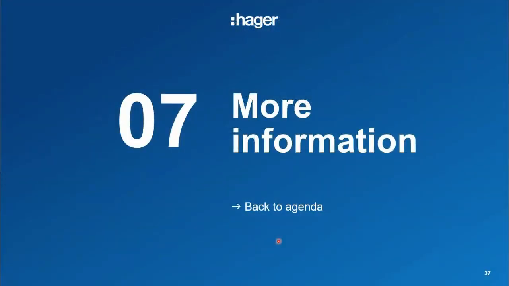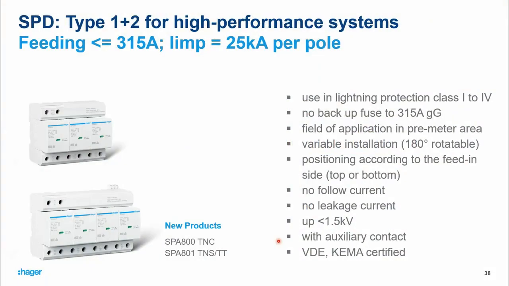Now, let's quickly have a look at Hager's offer of SPDs. These combined type 1 plus 2 SPDs are designed for high performance with a spark gap technology. It's a pluggable solution. The individual cartridges can be replaced at end of life. You clearly see a red indicator which signals that the cartridge is at end of life.